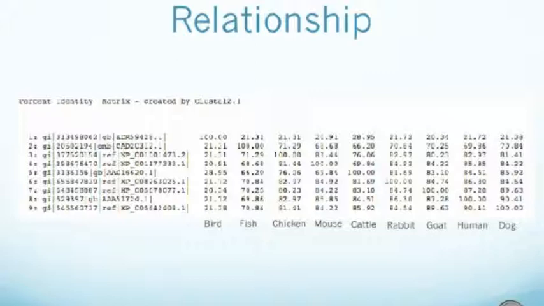For the human amylase enzyme, we can see that the dog is most closely related to it with a percent identity of 90.41. We can also see that the organism least closely related to the human protein sequence of amylase is bird, with only 21.72% identity.